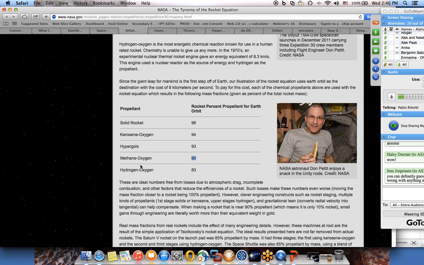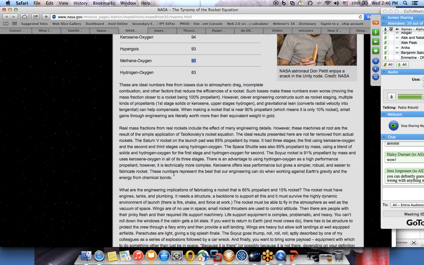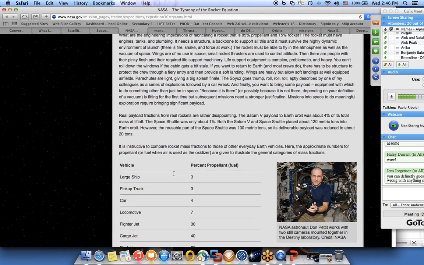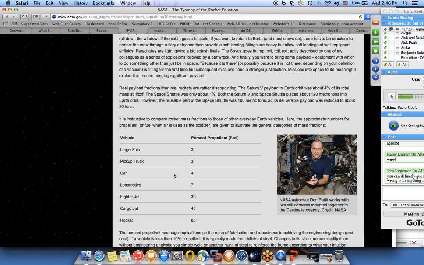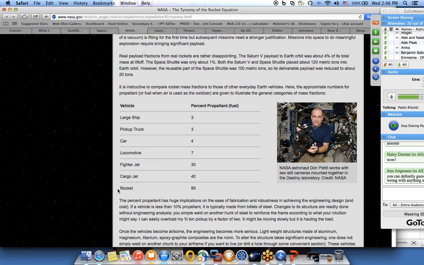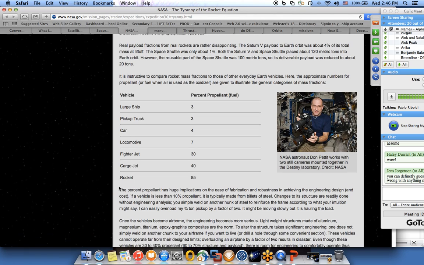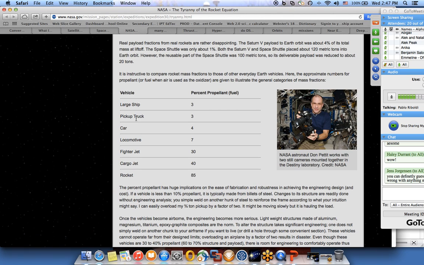Okay, so that is basically the equation. So that is what this article tells us, that rockets are, if you wish, not very efficient compared with other types of transportation. All right, so a large ship is about 3% propellant, and then 97% is the cargo, what you are actually transporting, not the propellant.